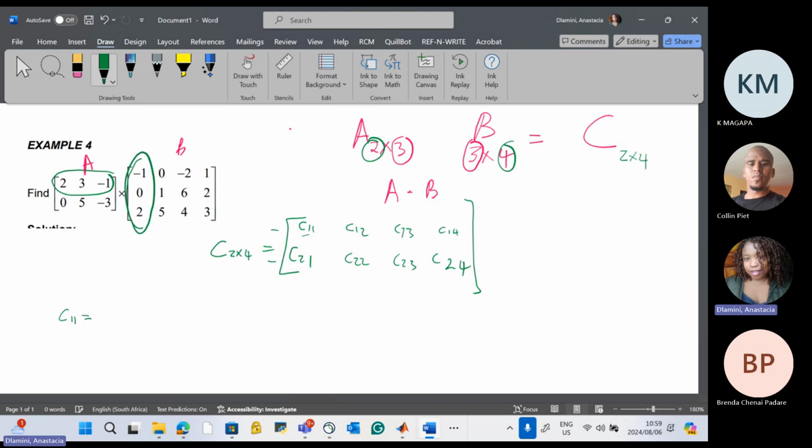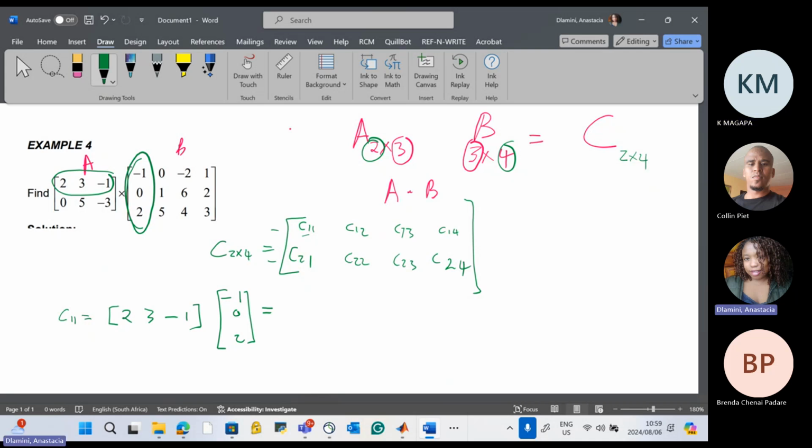You remember that one now? So they want you to fetch row 1, which is 2, 3, minus 1, and then column 1, which is negative 1, 0, 2. Are we all together?